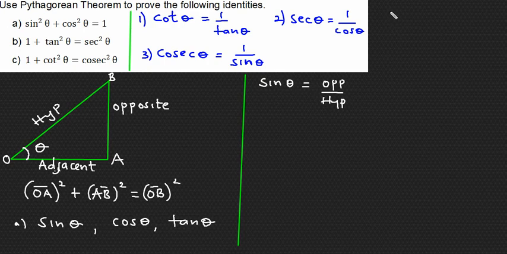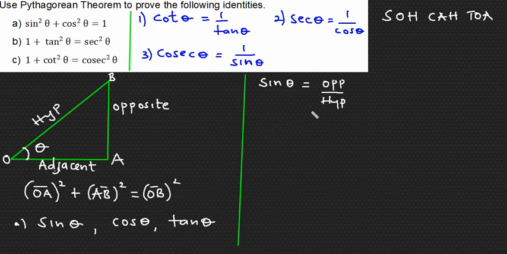If you remember this word SOHCAHTOA, it helps you to remember the ratios of an angle, the trigonometric ratio, how it is connected to the sides of a triangle. When you say sine, that is opposite over hypotenuse, cos is adjacent over hypotenuse, and tan is opposite over adjacent.